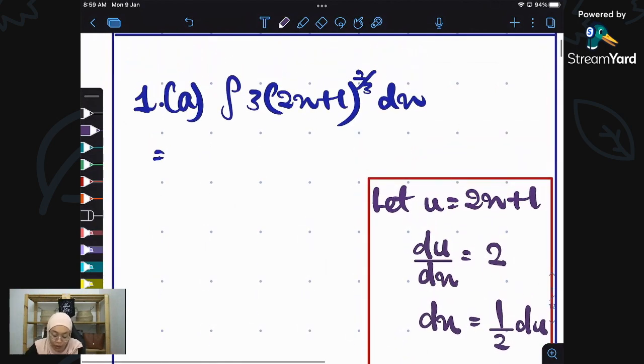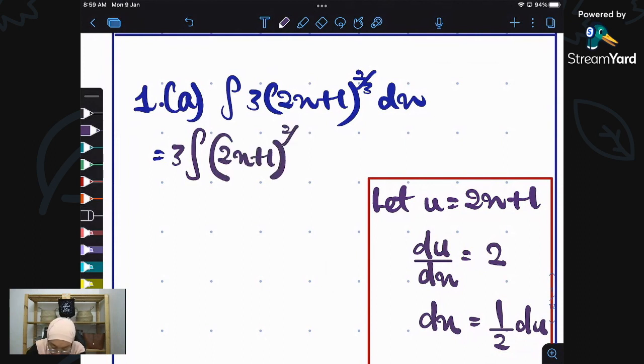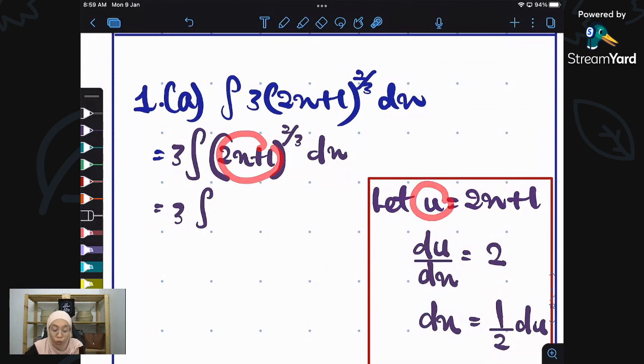And then we are going to change things. I'm going to put the 3 outside first. And then here it goes. I want to change the 2x plus 1 into u. So here will be u to the power of 2 over 3 instead.